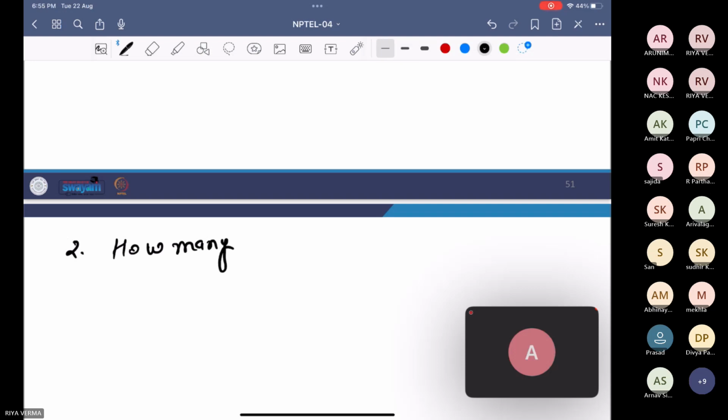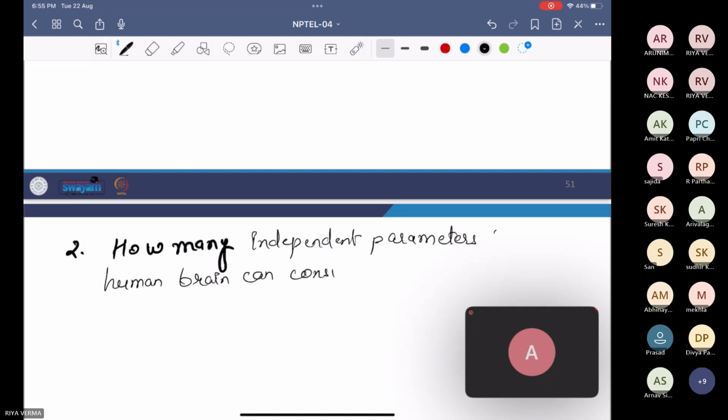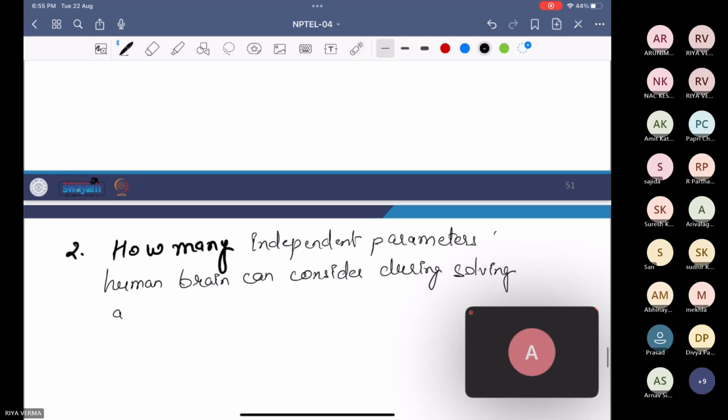How many independent parameters can the human brain consider during solving a problem?